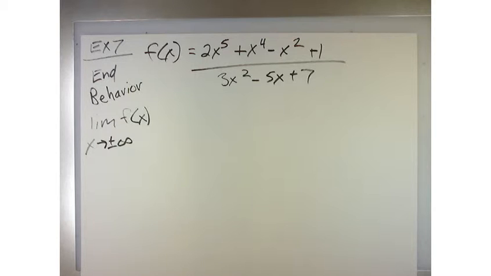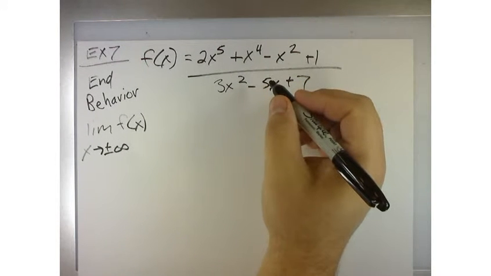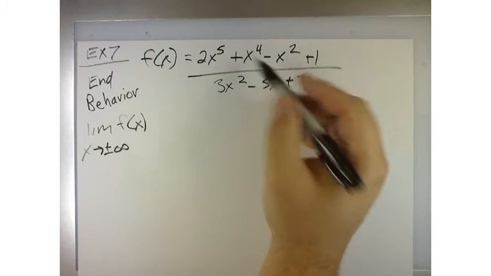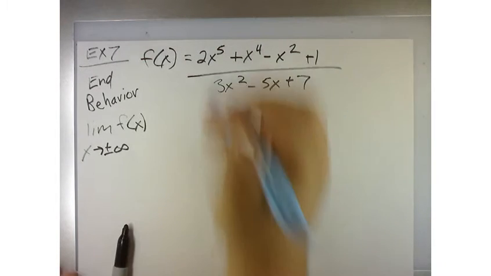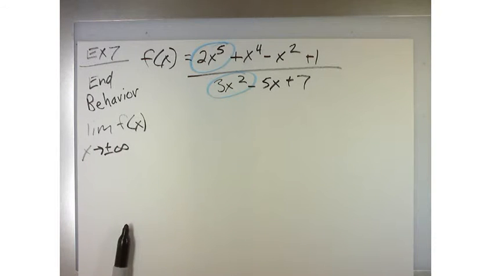Here we have our leading coefficients for both the numerator and the denominator. They are really what determines what the end behavior looks like, because the rest of the stuff is kind of insignificant, right?